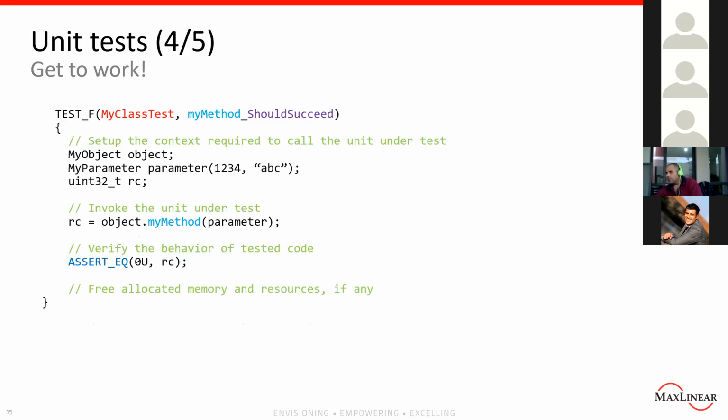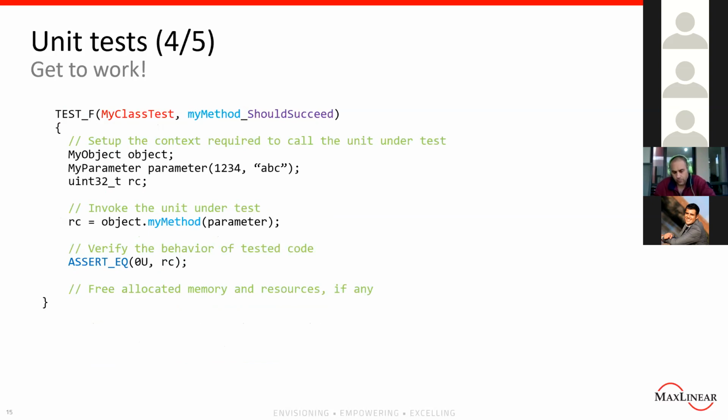And this is a very simple example of what could be a single test. As you see, we name the test with the name of the method that we want to test, and that method appears more or less in the middle of the test.